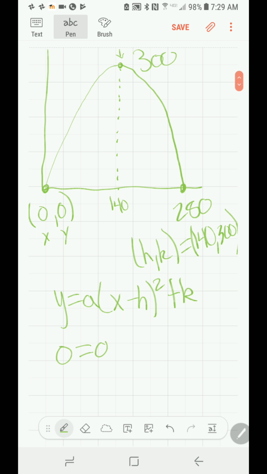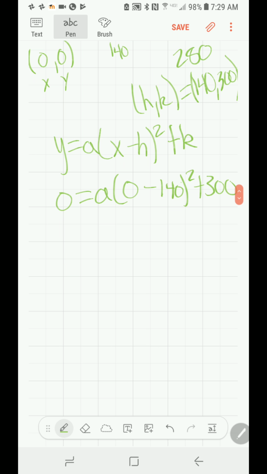So 0 equals a times 0 minus 280. Oh, excuse me, not 280 here. This is 140 squared plus 300. We're going to subtract 300 from both sides. And we get a times 140 squared is 19600. I won't use the comma so we don't get confused.